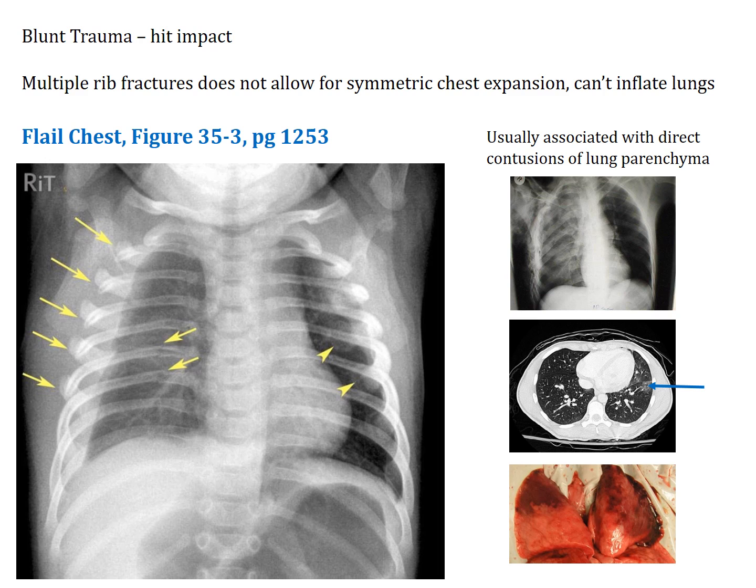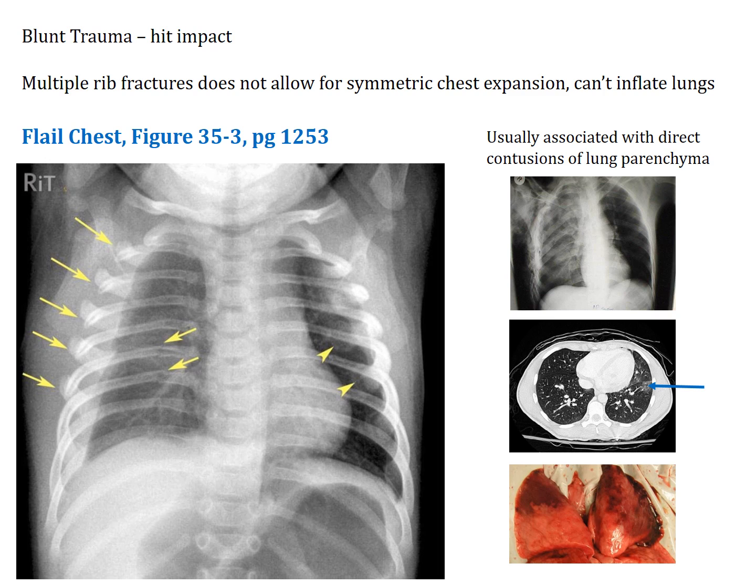So lungs, again, air should look black on an x-ray. When you see lungs looking white, that's not normal. White can be due to inflammation, it can be due to fluid, it can be due to blood, it can be due to infection. So in the setting of blunt trauma with fractures, the white lung that you see on the chest x-ray and on the CT scan, more than likely that's indicative of hemorrhage and edema, right?